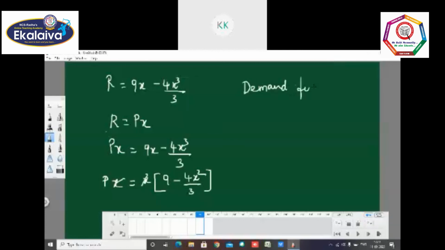Therefore, R equal to 9x minus 4x cube by 3.